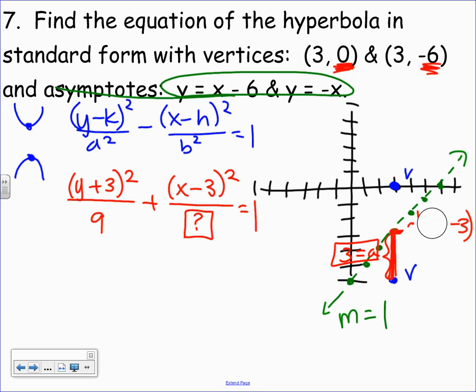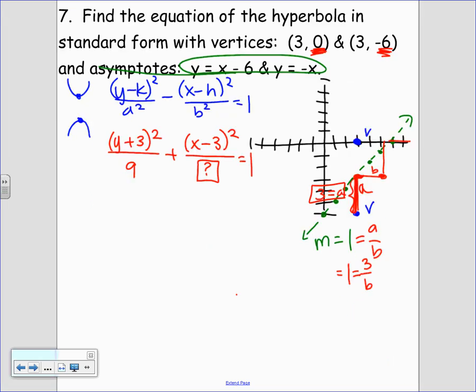But when I talk about my slope here, I'm going to have to go up a over b, up a over b. My slope is a over b. So if I know my slope is 1 and my a value I know for sure is 3, that has to tell me, if I cross multiply here, I get b = 3.